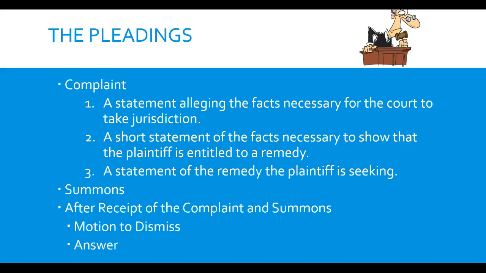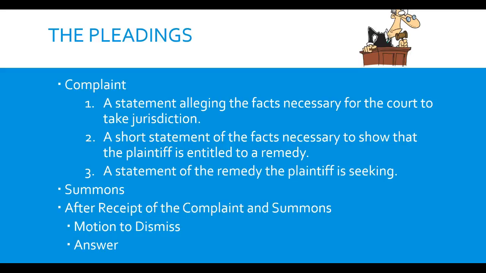In a civil case, the pleadings inform each party of the other's claims and specify the issues of the case. The pleadings consist of a complaint and an answer. The complaint, or petition, or what can be called a declaration, is filed with the clerk of the trial court.